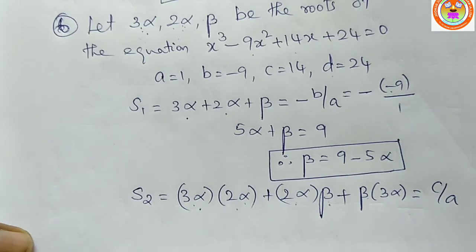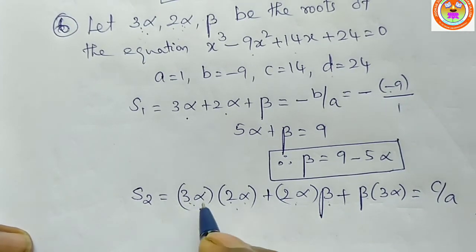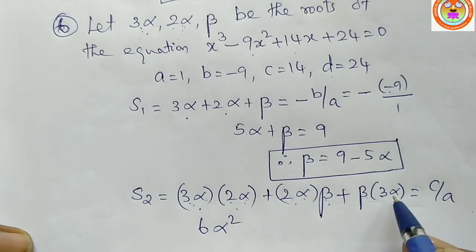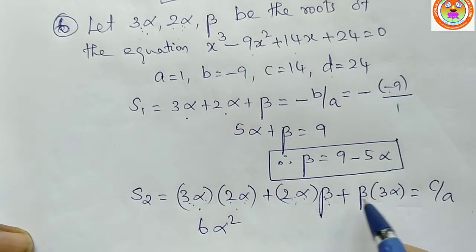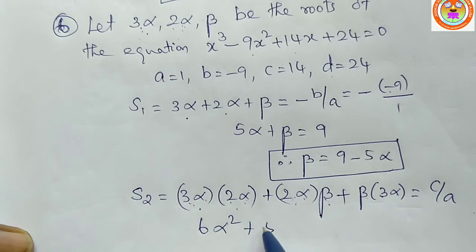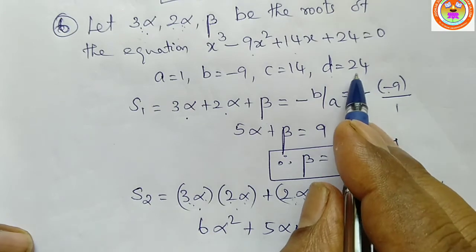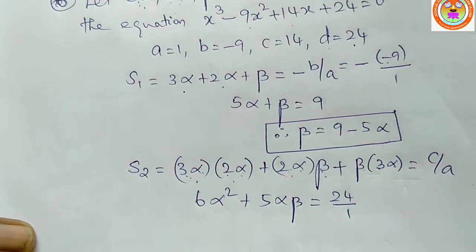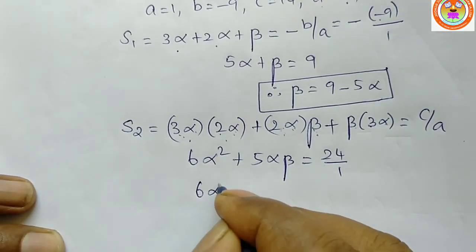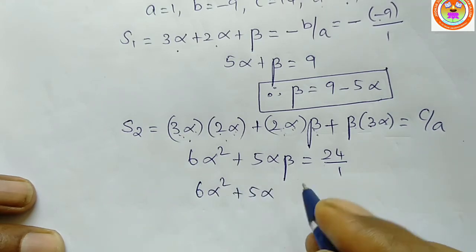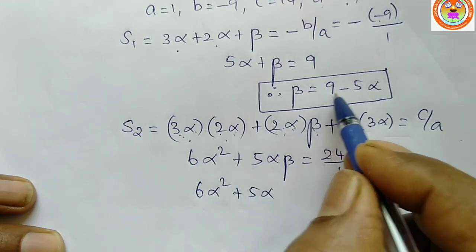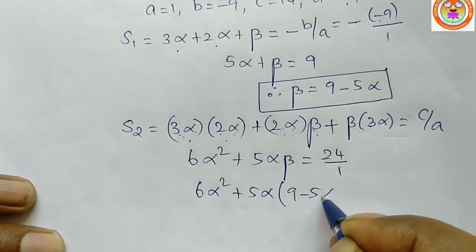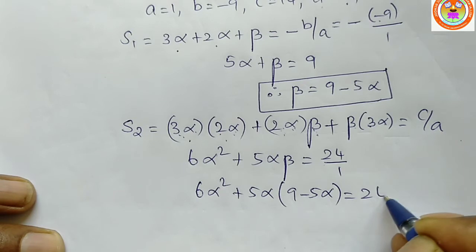So it is coming, see, 3 2s are 6, alpha into alpha, alpha square, 2 alpha beta plus 3 alpha beta is 5 times alpha beta, which is equal to C. The value of C is 24, A is 1, so 24 by 1. 6 alpha square plus 5 alpha into the value of beta. The value of beta is 9 minus 5 alpha, which is equal to 24.